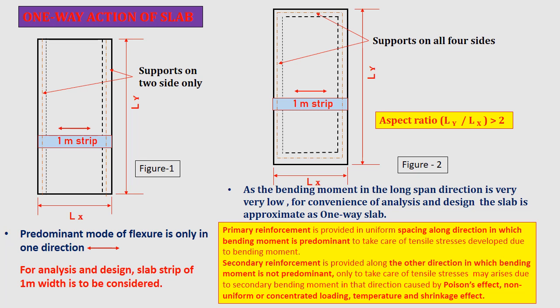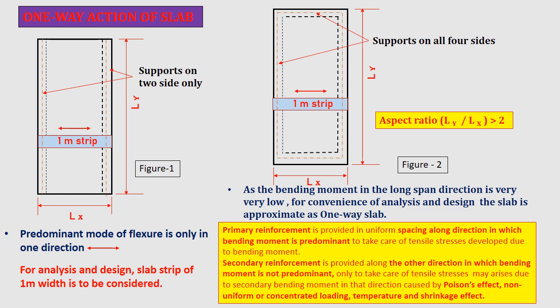So when a slab is supported on all four sides and the aspect ratio is greater than 2, for our convenience, we shall analyze and design that type of slab by approximating it as a one-way slab.